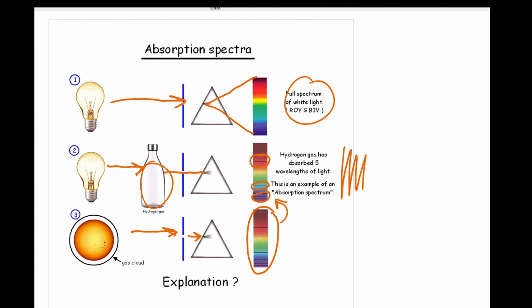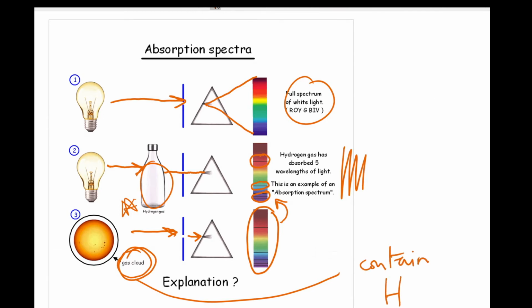This is suggesting that the atmosphere, the gas cloud that surrounds the sun, has once again, like the bottle of hydrogen gas, absorbed certain wavelengths of light, which correspond to hydrogen gas. So the gas cloud must contain H, hydrogen.